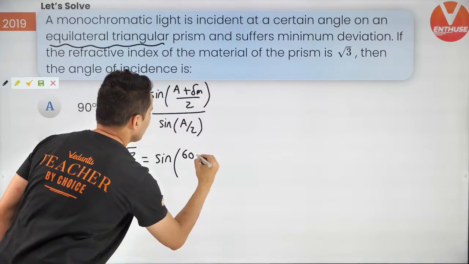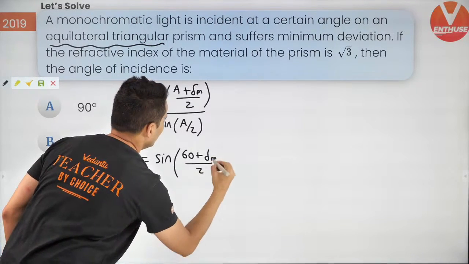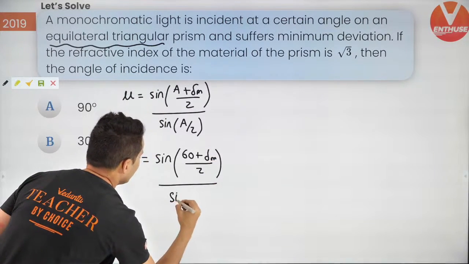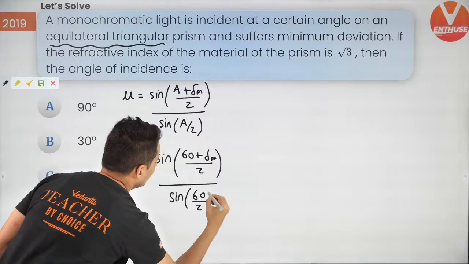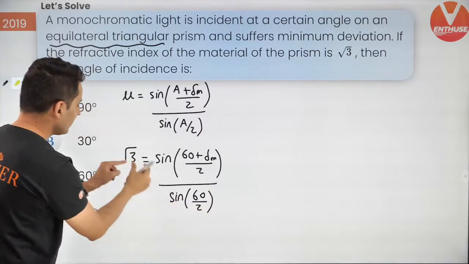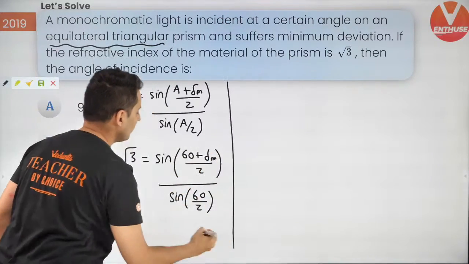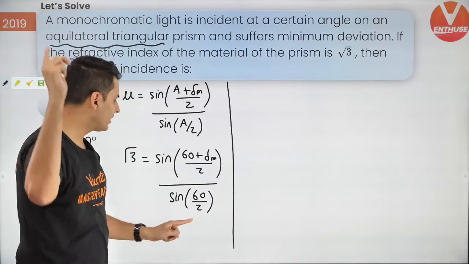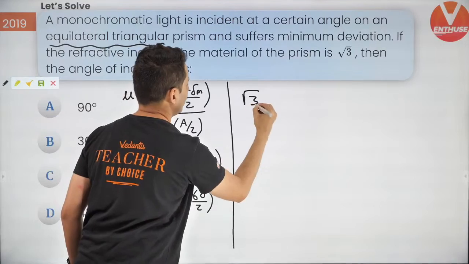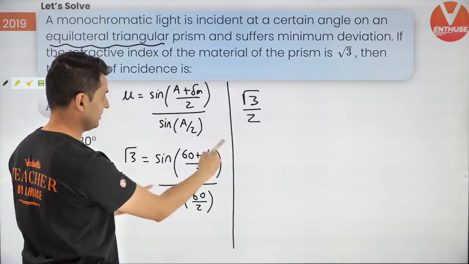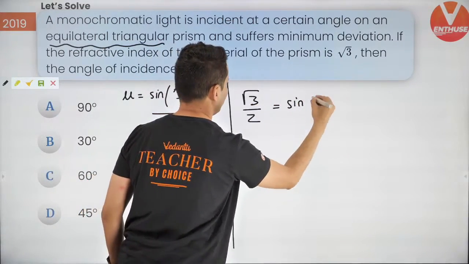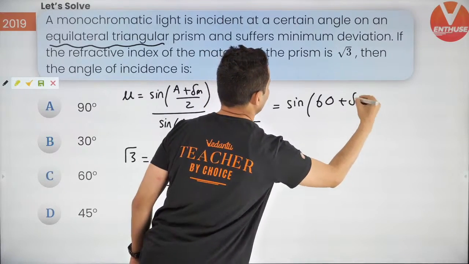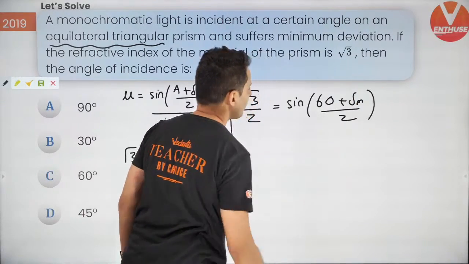So mu equals sine of (60 plus delta minimum) by 2 divided by sine of 60 by 2. Now take this over here. What will you get? 60 by 2 is 30. Sine 30 is half. So you will get √3 by 2 is equal to sine of (60 plus delta minimum) by 2.